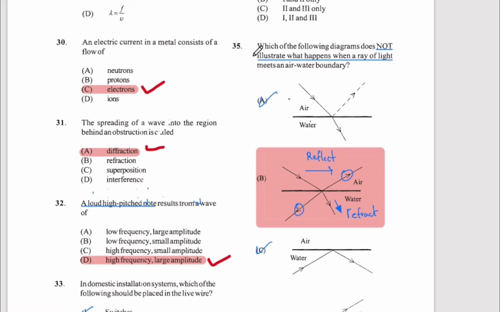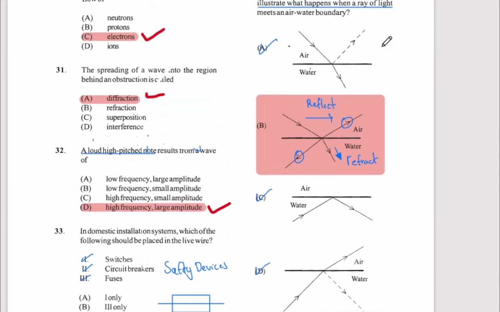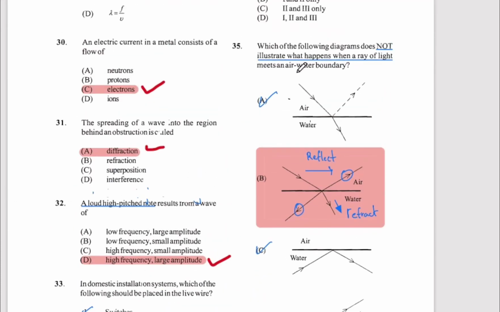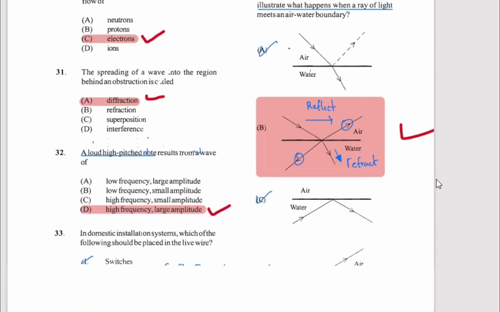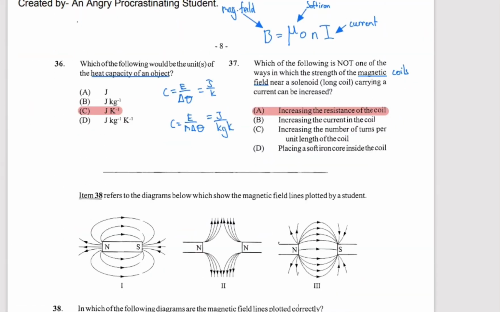Which of the following does not? And the answer for that would be B. Question 36 says, which of the following would be the unit of the heat capacity of an object? And that's C.